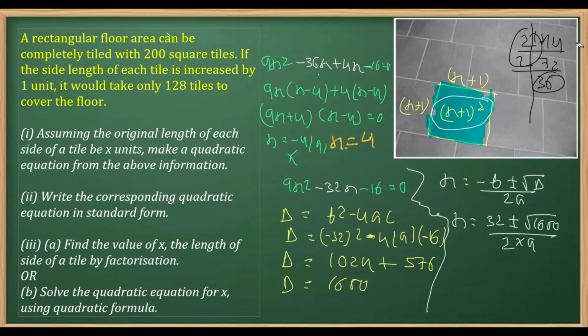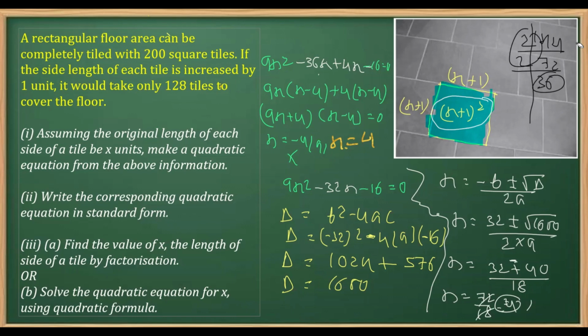So x comes out to be 32 plus under root 1600, which is 40, divided by 18, and this is plus minus. So first I'll do plus: 40 plus 32 is 72. So 72 divided by 18 is 4. This is 4 only. So we got x is equal to 4 here.